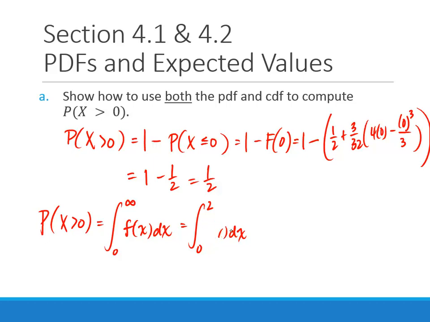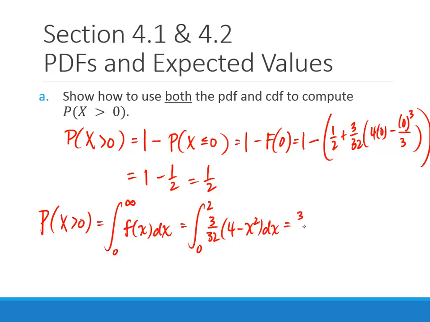Next, I'm going to fill in what that PDF is here. We found this to be 3/32 times 4 minus x squared dx. So this is kind of going backwards from what we already did.